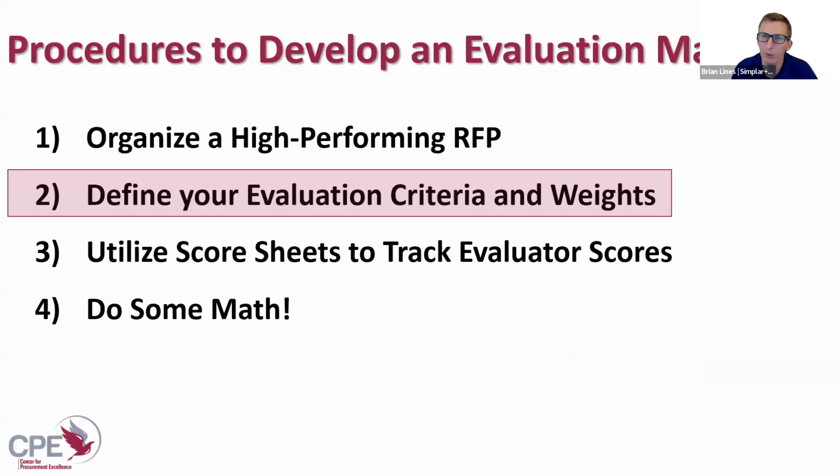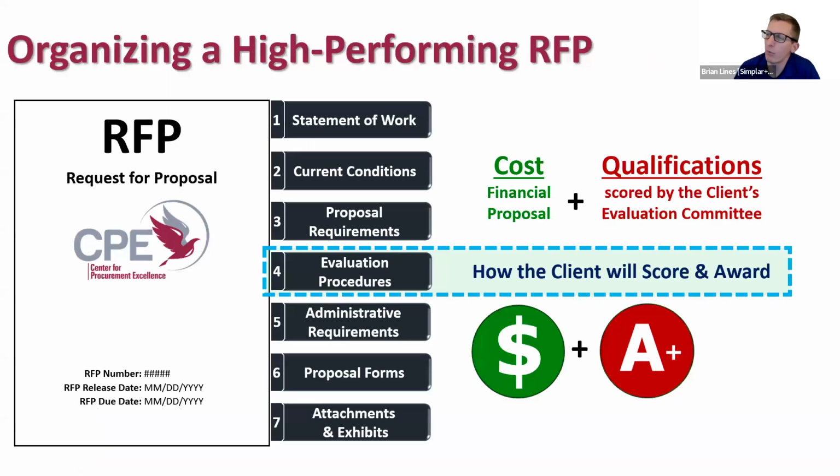What we're really going to do is focus on the matrix as a tool, because when you're dealing with both money and financials and qualifications or proposal elements, you're in a best value scenario, where putting both of those things together and combining them to a grand total and figuring out which vendor we want to select. That's the overall setup there.